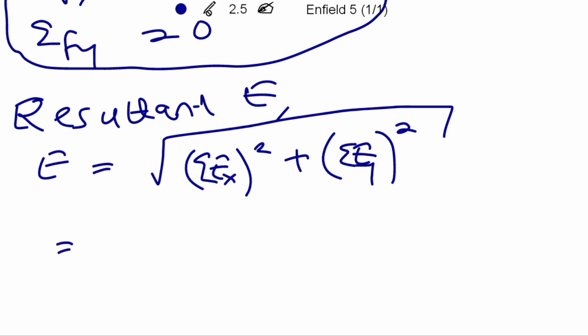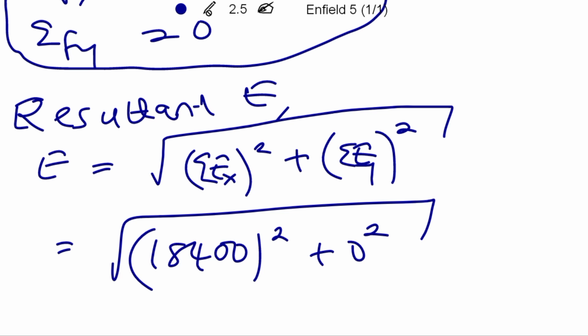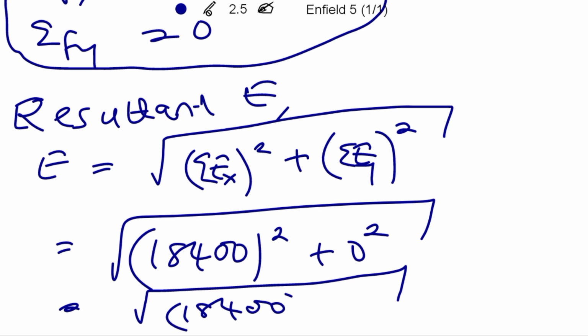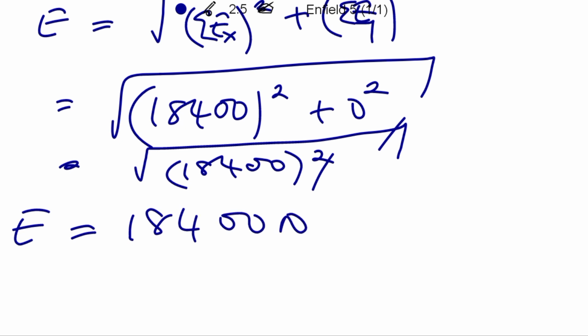That will be the square root of 18400 squared plus 0 squared, which is the square root of 18400 squared, right? So this square cancels the square root. So we end up having E equal to 18400 Newton per coulomb.